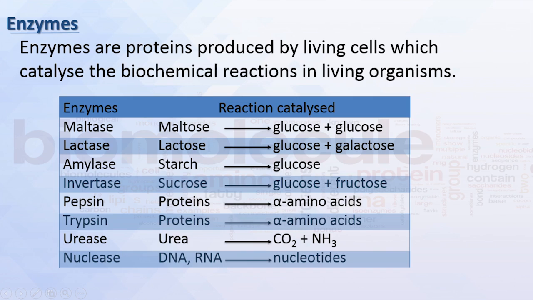Lactase acts upon lactose, which gives glucose and galactose. Similarly, amylase acts upon starch, invertase upon sucrose, pepsin upon proteins. Trypsin also acts upon proteins, urease on urea, nuclease on DNA and RNA molecules.